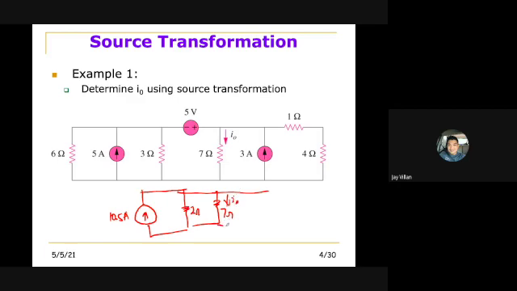Okay, and then you have your 5 ohm resistor here. So in this circuit, we can now see that we can just make use of current division in order to solve for IO. But take note, current division is applicable only to 2 resistors that are connected in parallel. Okay?